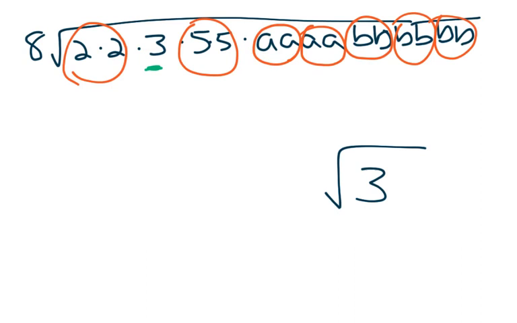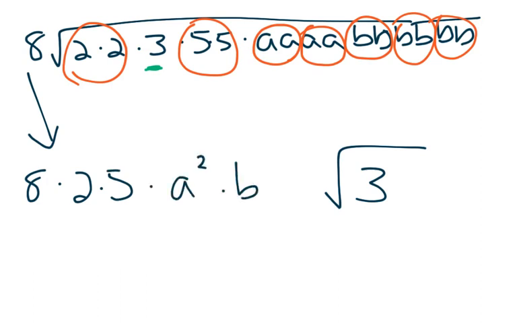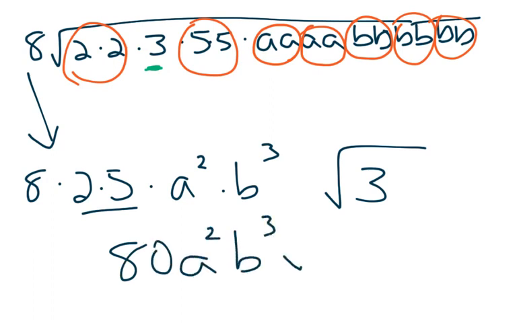On the outside, the 8's going to come down. Then I got 2 times 5 times a squared times b to the 3rd. Well, 2 times 5 is 10, and 10 times 8 is 80. So I got 80 a squared b cubed square root of 3.